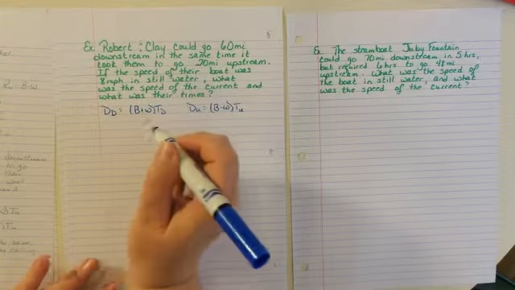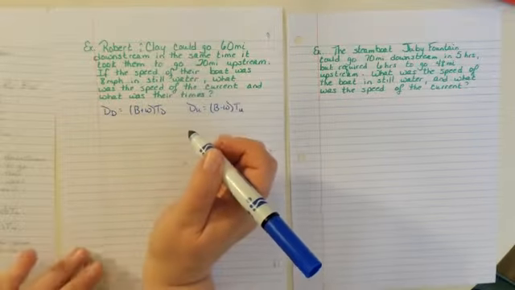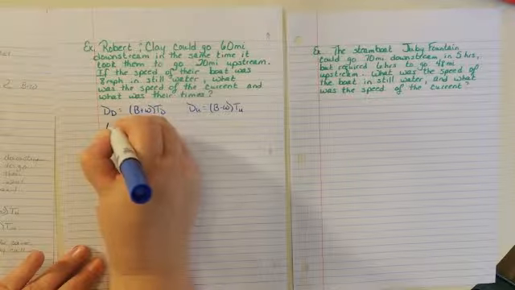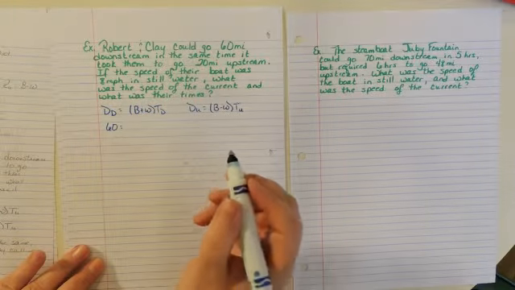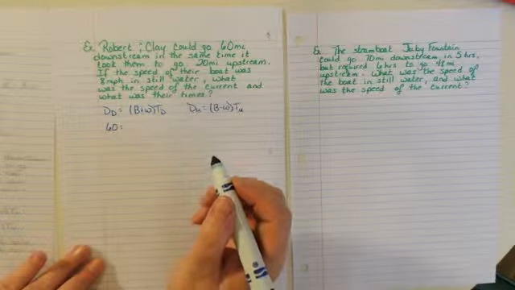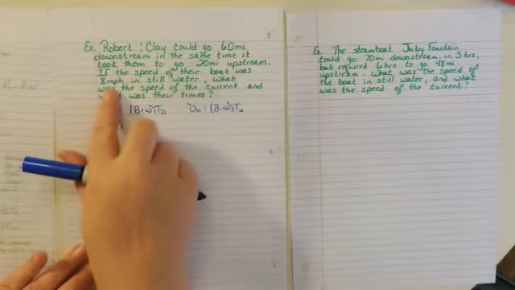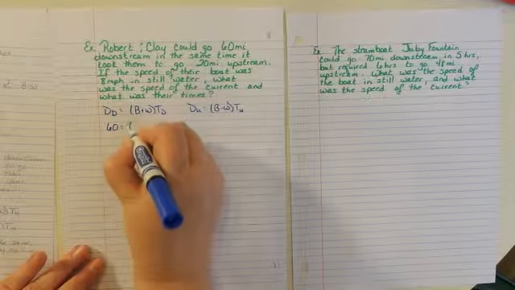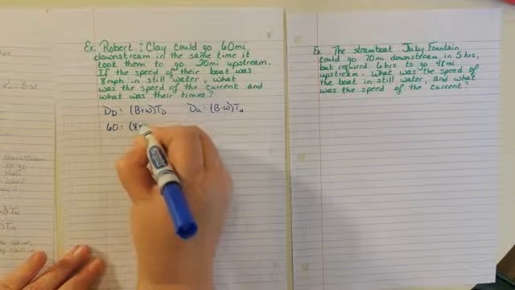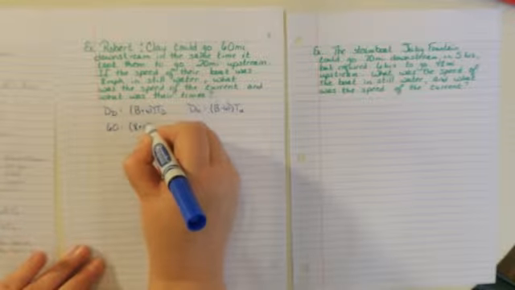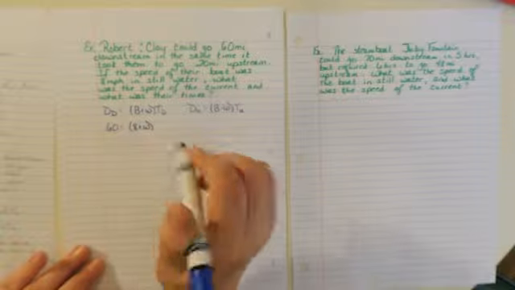Okay, so they're going 60 miles downstream. So 60 equals the speed of their boat, which is 8, so 8 plus, we don't know the rate of the current yet, times the time downstream.